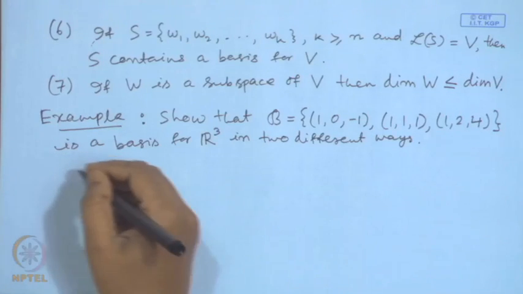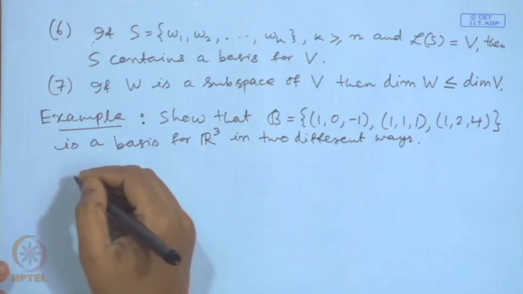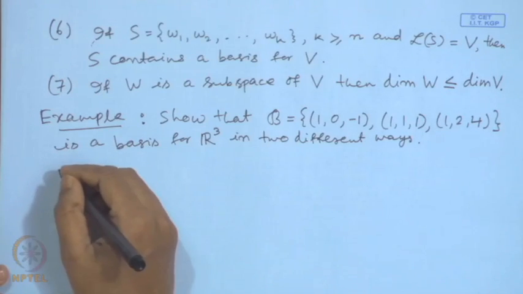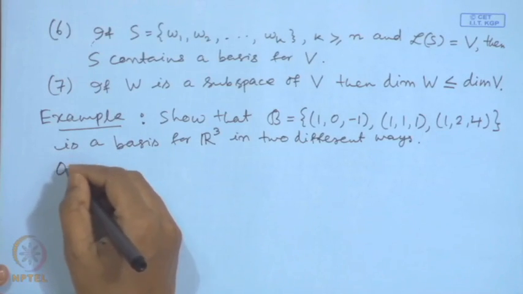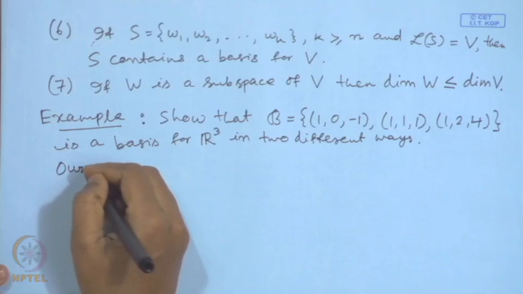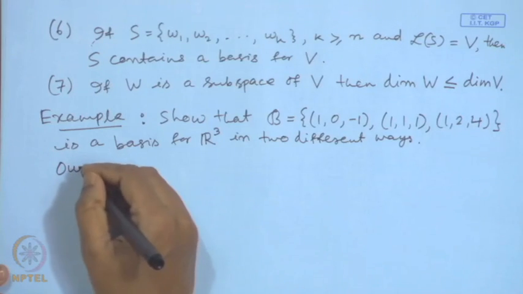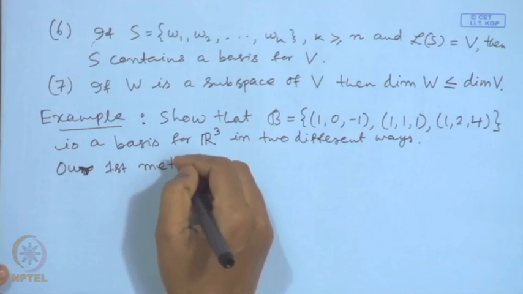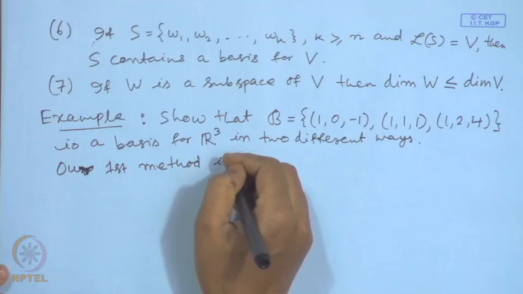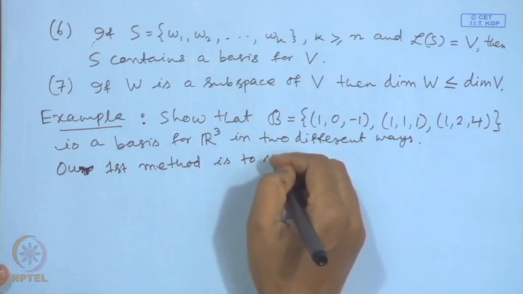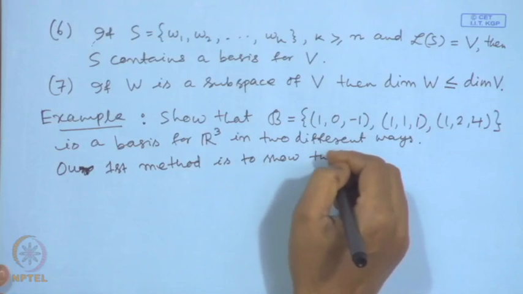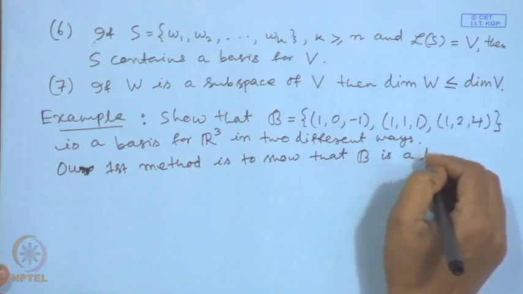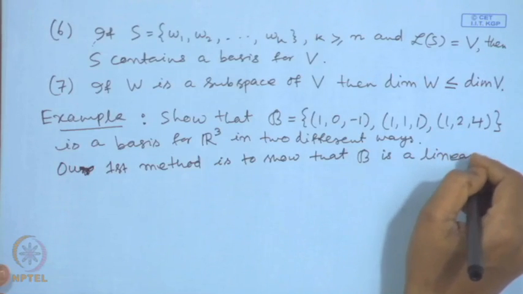First we shall show that B is a linearly independent set. So, our first method is to show that B is a linearly independent set.